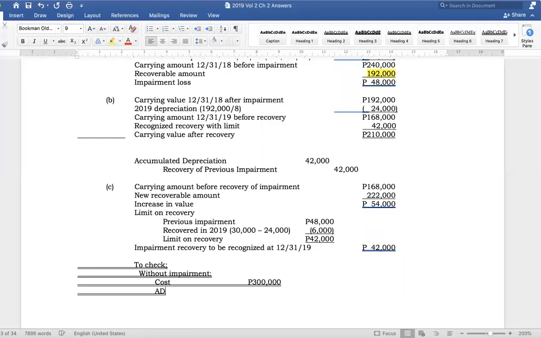Your accumulated depreciation, no impairment, should have been 30,000 times 3. Therefore, it's 90,000, such that carrying value without impairment, so that's where you should return to, is 310,000.